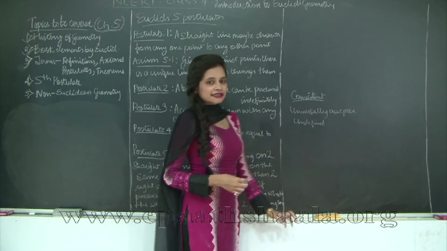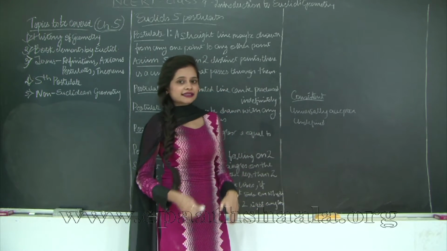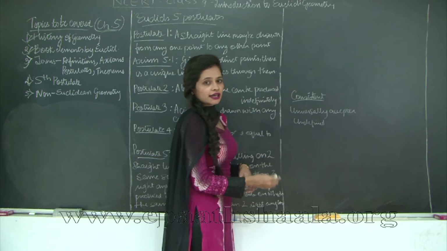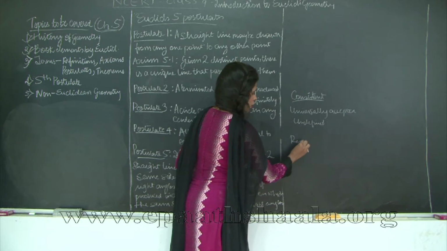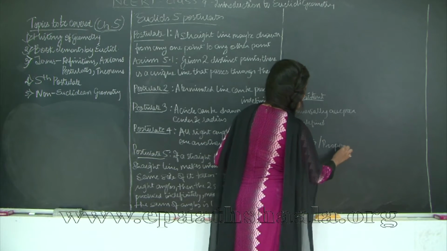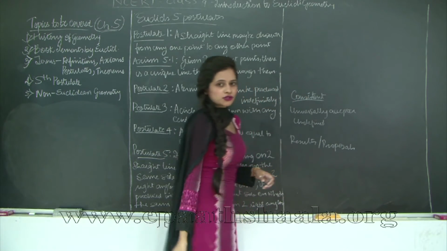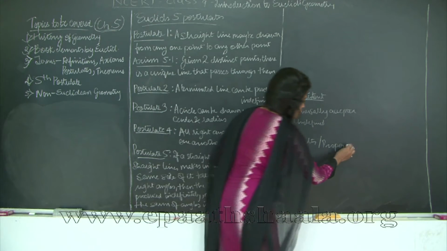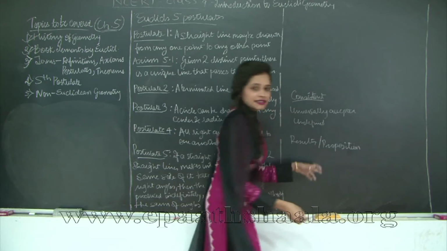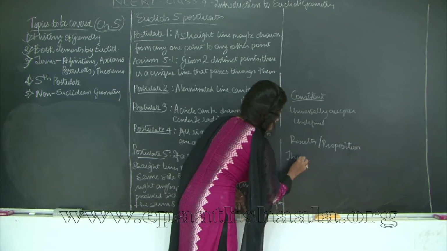So this was about axioms and postulates. Now based on axioms and postulates, Euclid derived certain results, or he made certain propositions. Proposition is nothing but a formal proposal. And these results are known as theorems.